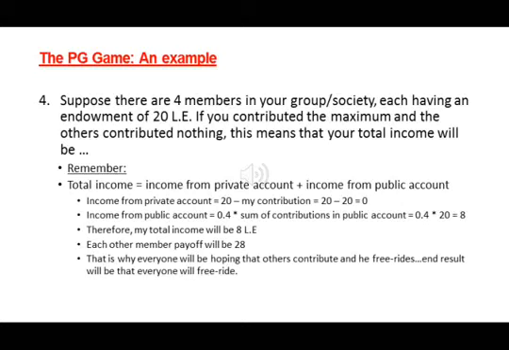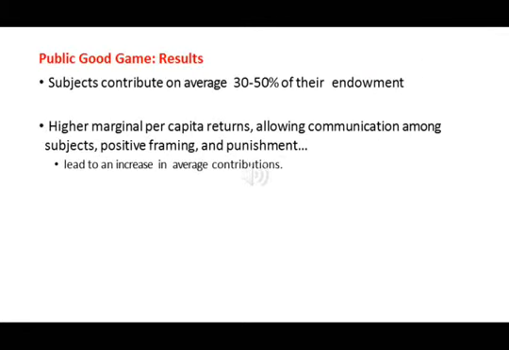But because everyone will think the same, the end result will be that everyone will be free riding, according to the neoclassical assumptions. But let's see how subjects behaved when this game was played in real experiments. When the public good game was played in real experiments, it was found that subjects contribute on average between 30 and 50% of their endowment.